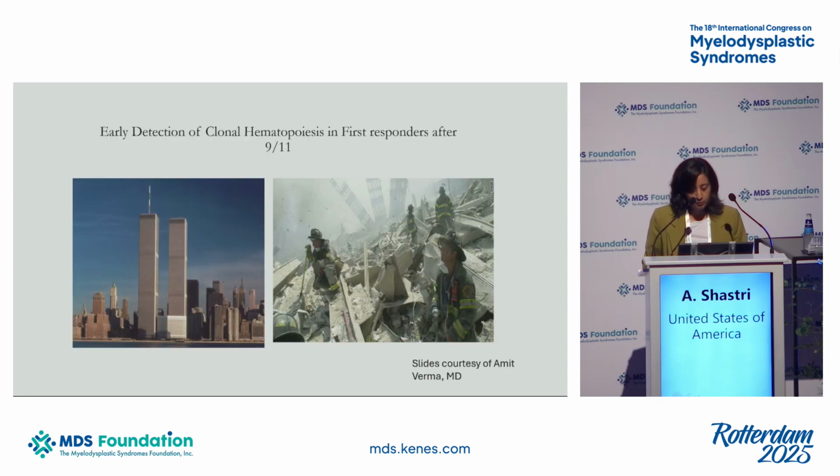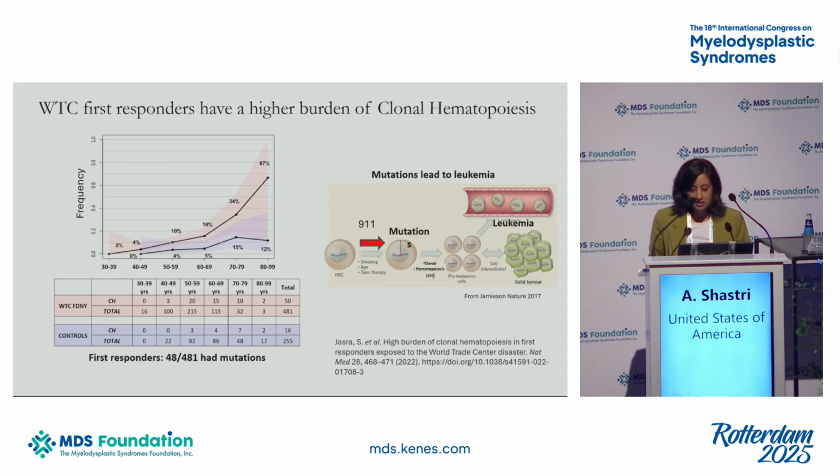There was another important study done by the previous speaker, Dr. Amit Verma, also at my institution, which was really looking at the early detection of clonal hematopoiesis in the first responders of 9/11. And in this paper, published in 2022, we did see a much higher burden of clonal hematopoiesis across every decade of life in those that were exposed to the World Trade Center versus a control population.